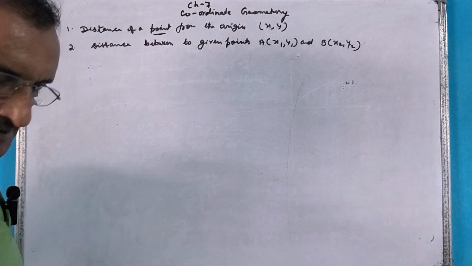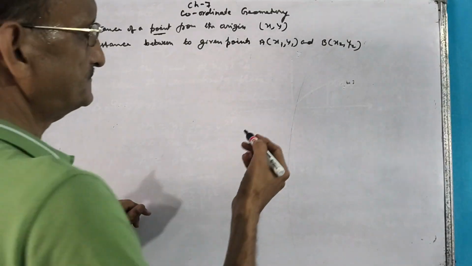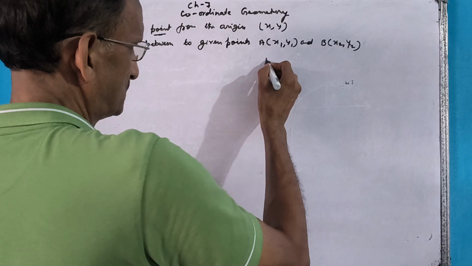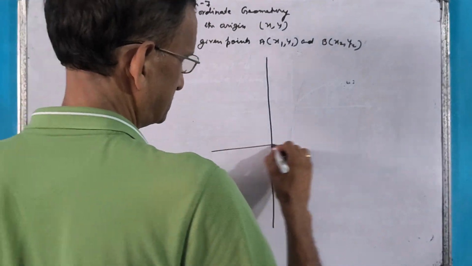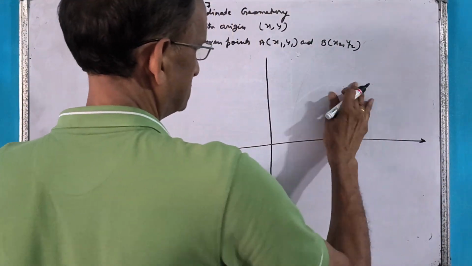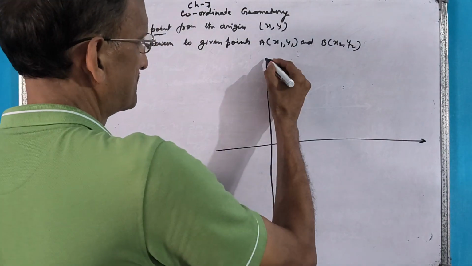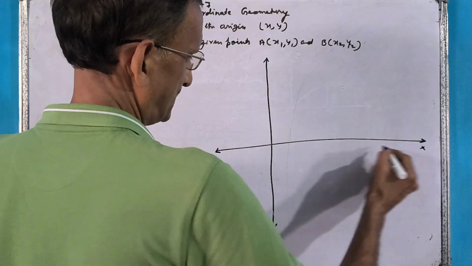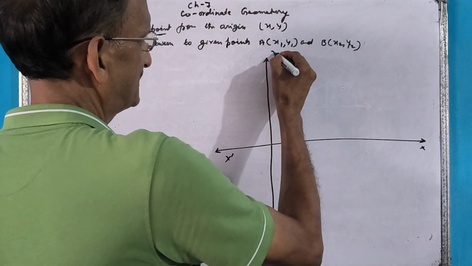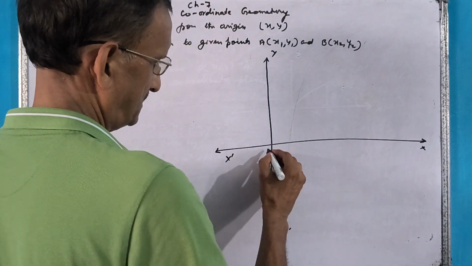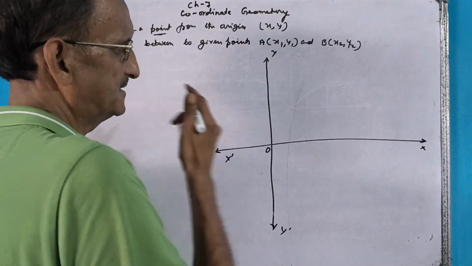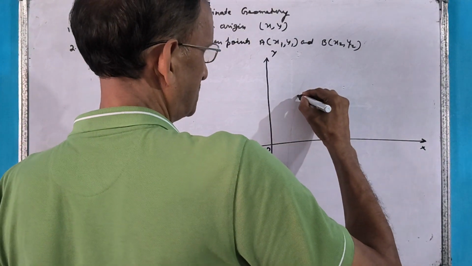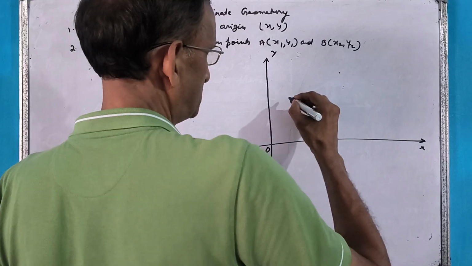Now we have two given points. So you need to take the two given points in the plane: x-axis, y-axis and the origin. The first point is A, take the point A here. Suppose point B here.